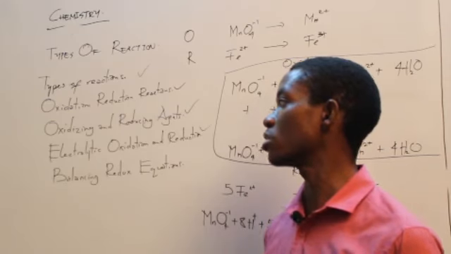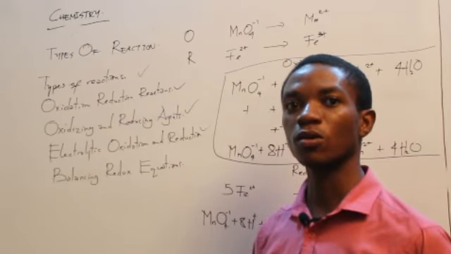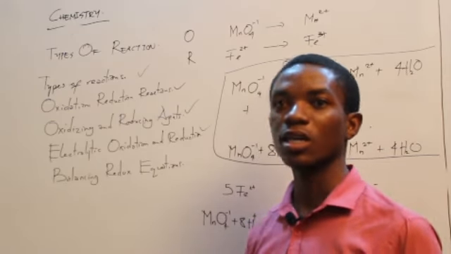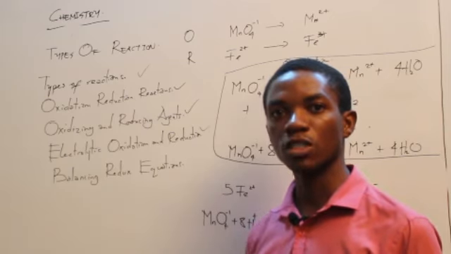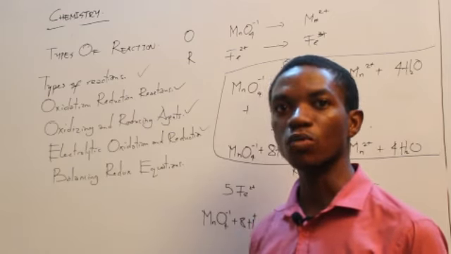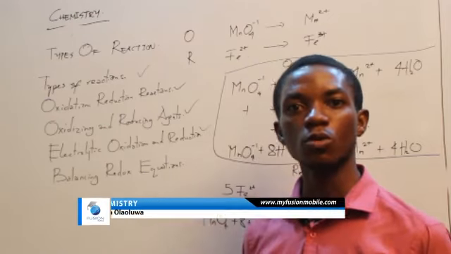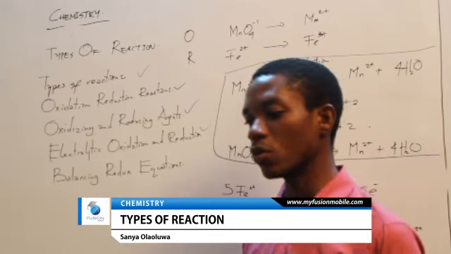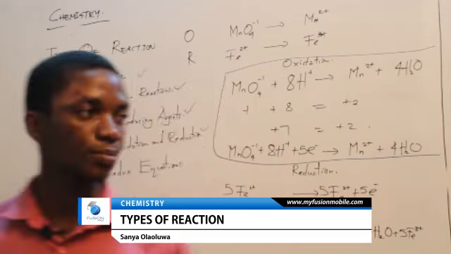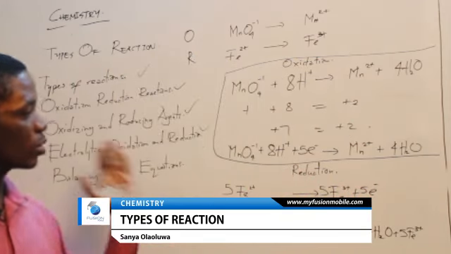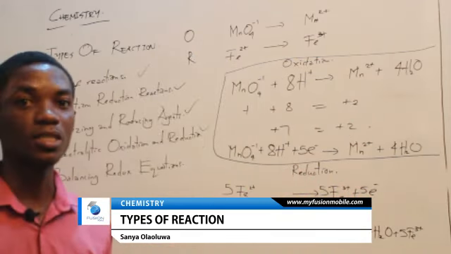We looked at electrolysis and oxidation reduction. We noticed that at the anode, oxidation occurs, while at the cathode, reduction occurs. And of course, we just considered how to balance a redox reaction. What are the steps? The first thing is to identify which side is the oxidation, which side is the reduction.